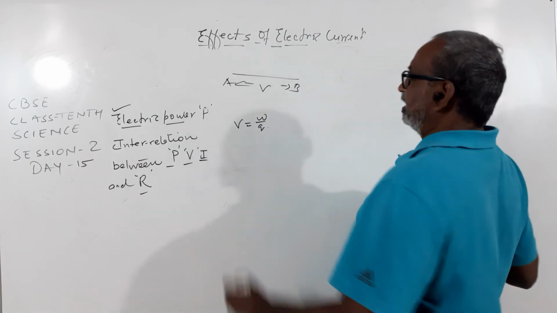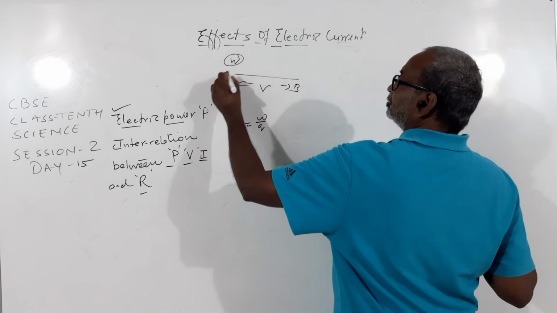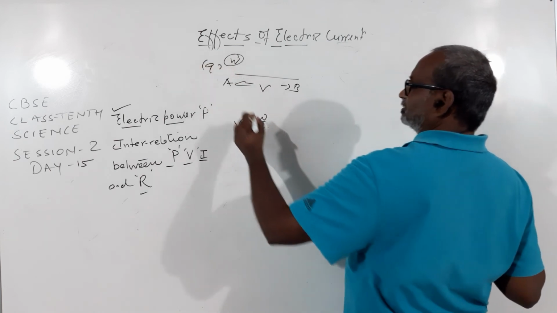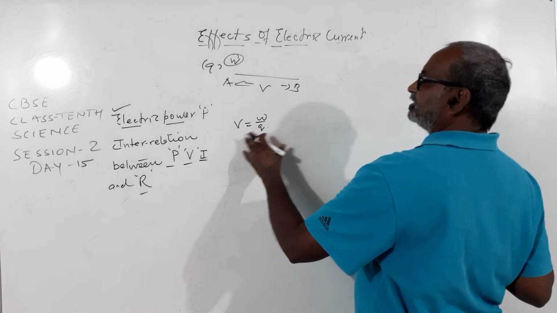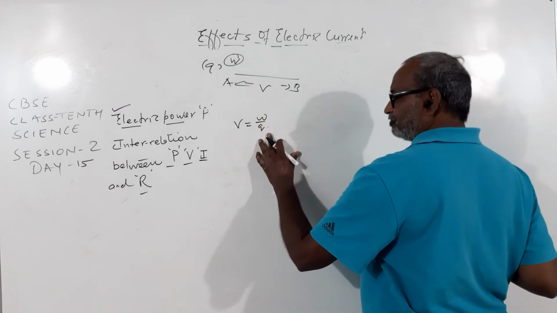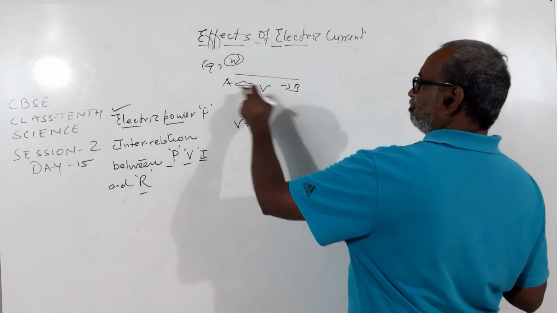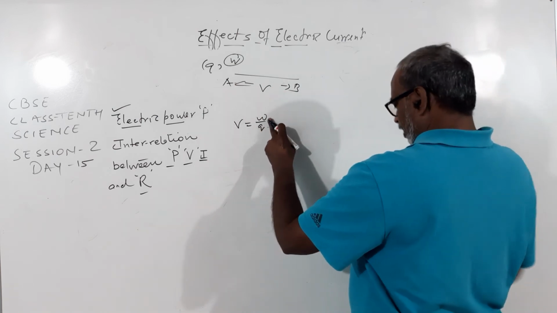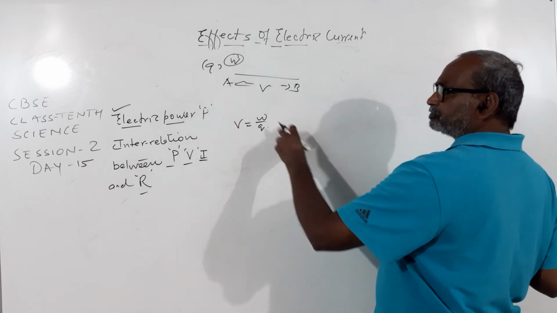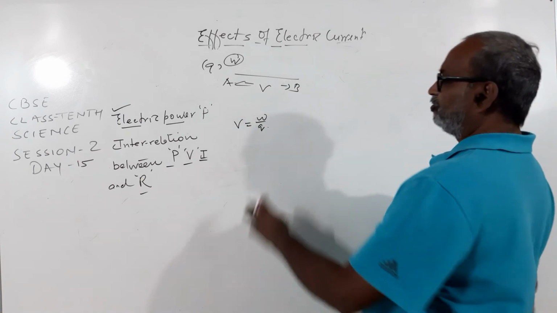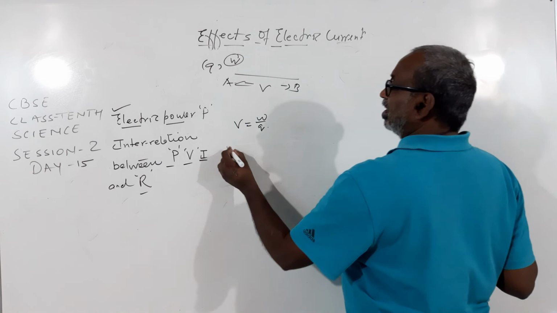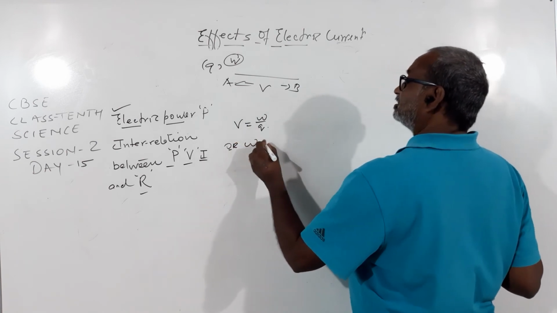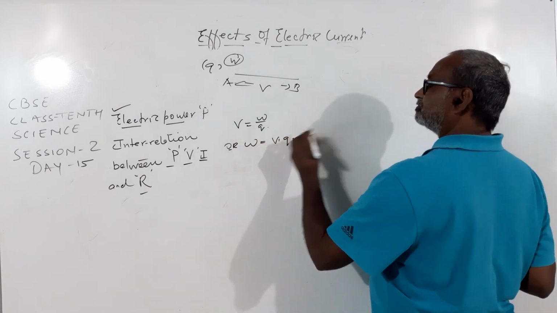So if W amount of work is done to carry 2 coulomb of the charge, the potential difference between the 2 points is given by the relation V is equal to W over Q, where V is the potential difference, W is the amount of work, Q is the charge. Or W is equal to V into Q.